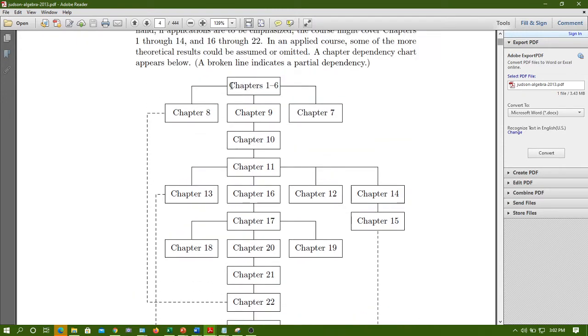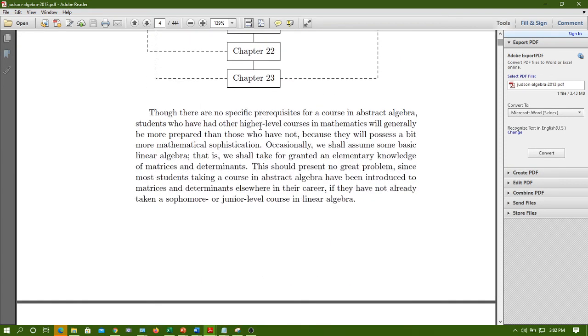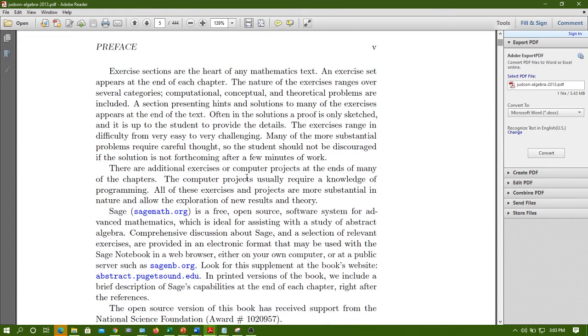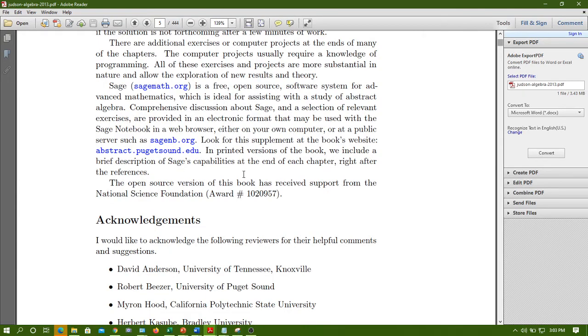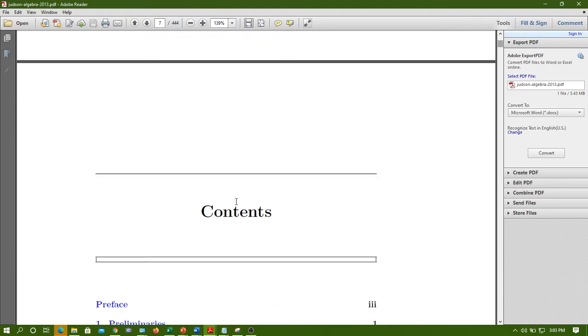So chapters 1 to 6 are essential. And if you choose chapter 7, chapter 8, if you can finish all that, those are specific. There are no specific prerequisites, but we need to pass some basic information from our previous topics.